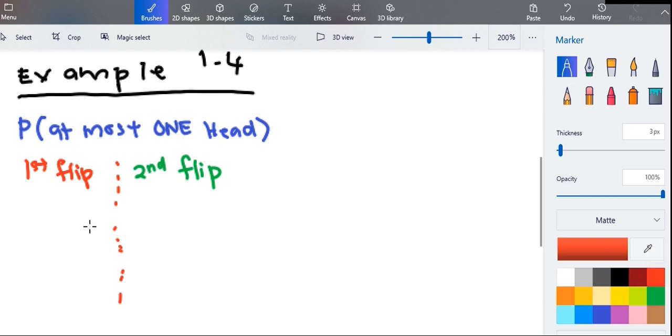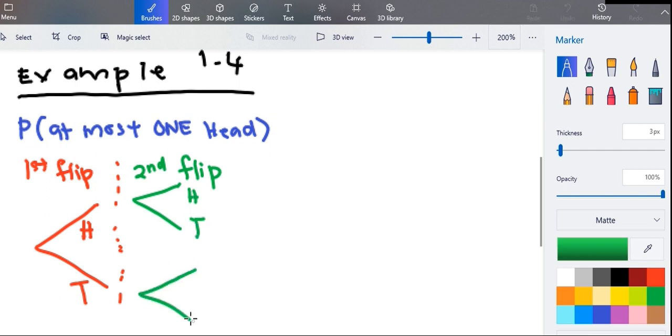Remember, the possible outcome when you flip a coin is either H, head, or T, tail. Similarly for the second flip, you get either head or tail.